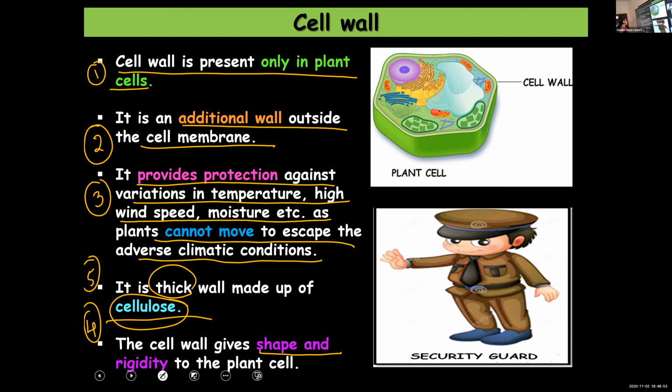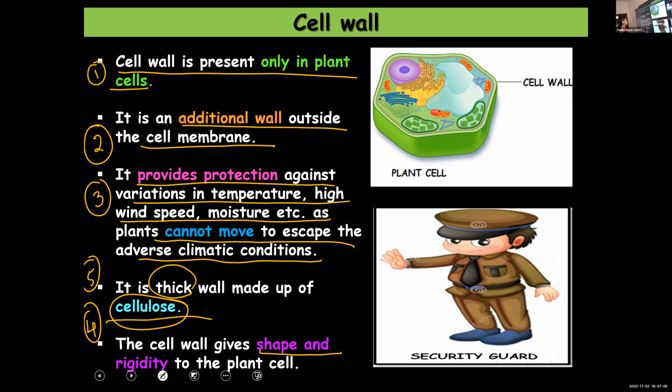Have you learned the points, children? Cell wall is found only in plant cells. It's an additional wall found in plants to provide them protection. Protection from what?